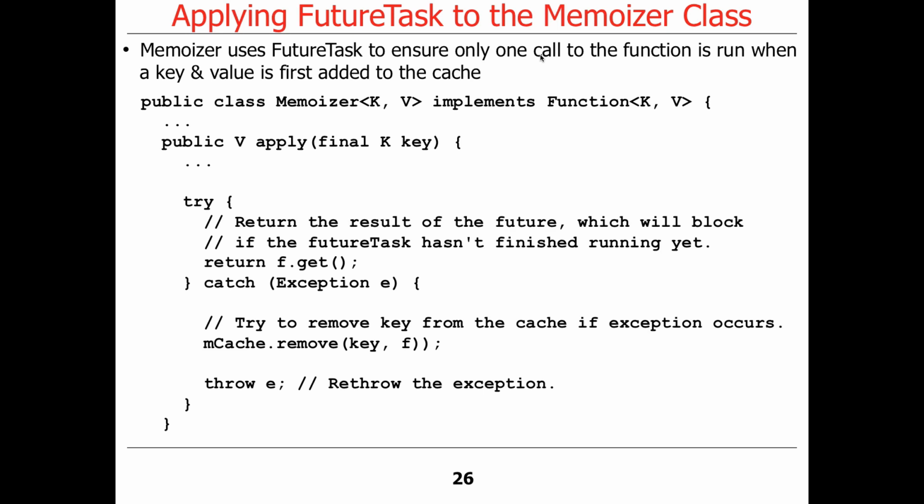And the cool part about FutureTask is it's basically a placeholder for an unfinished computation. And by having it in the map, it allows us to block these threads until the computation is done. But the computation will be handled in a graceful way. If an exception occurs for some reason, we go ahead and remove the key from the map. So that just cleans things up.